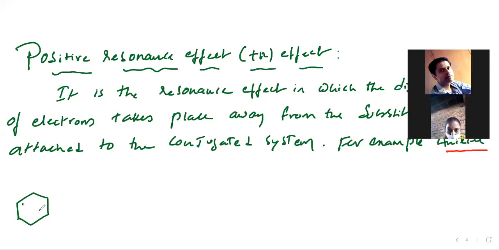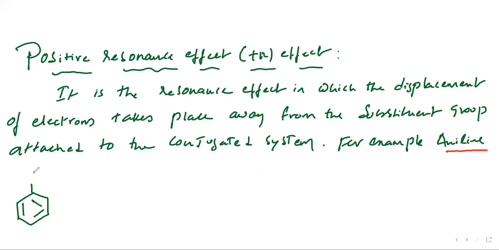This is a benzene ring attached to the NH2. This compound we are calling aniline. NH2 group attached to a benzene ring, this we are calling aniline.